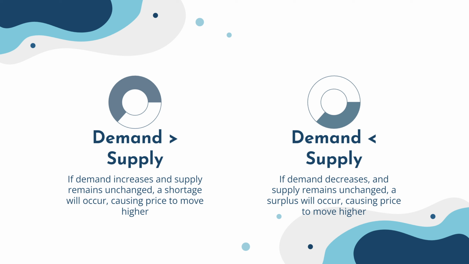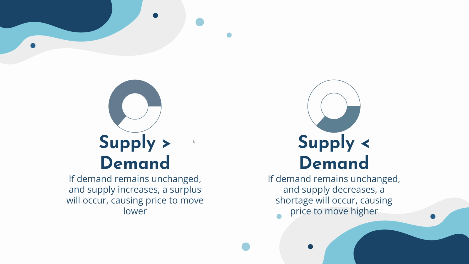If demand decreases and supply remains unchanged, then a surplus occurs, and this causes price to move lower. So that's 2, and inverse. The complete inverse of those is going to be if demand remains unchanged and supply increases, then a surplus occurs.